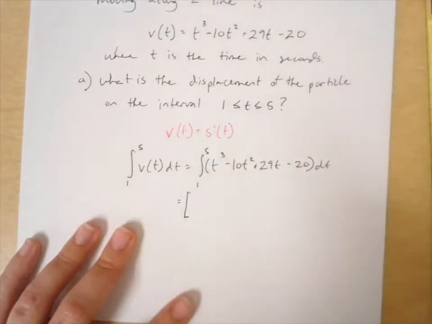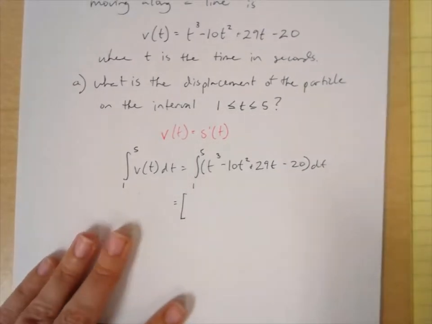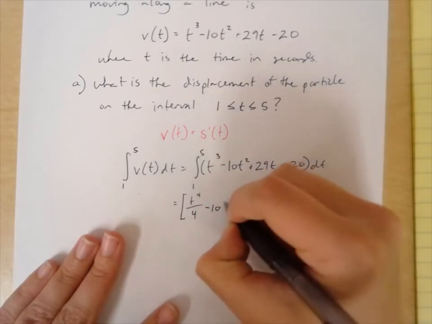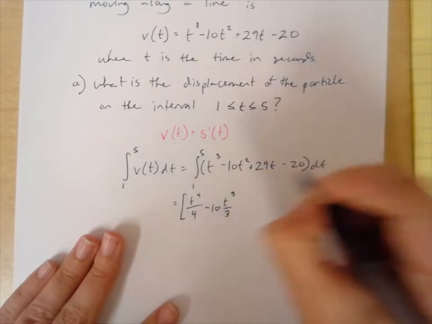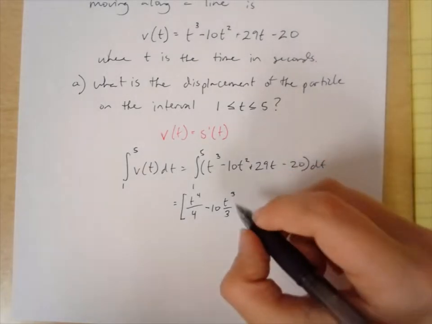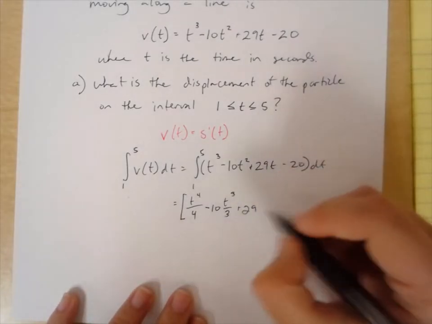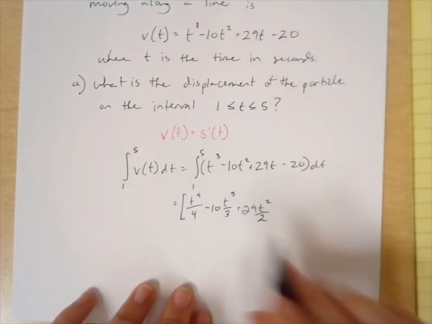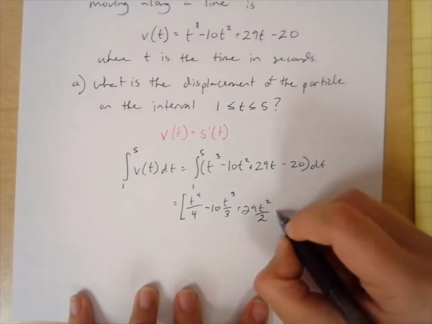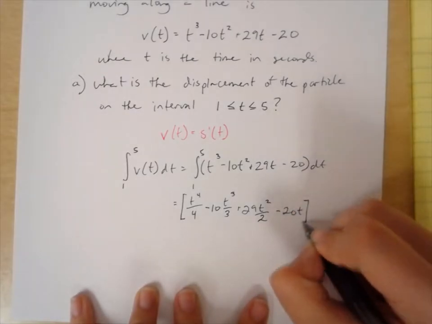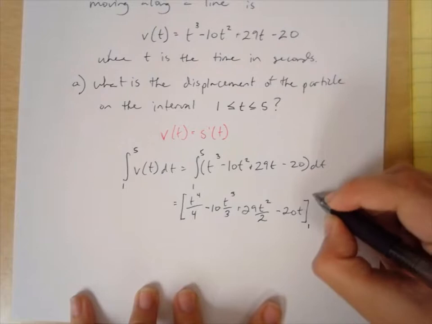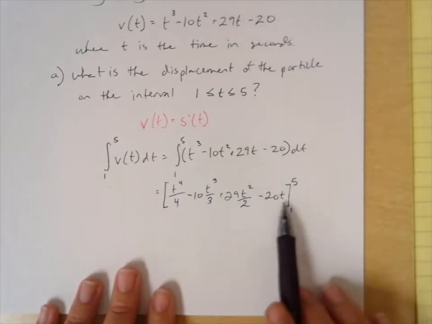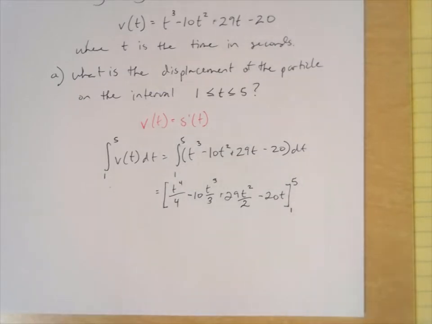And I can take the antiderivative of all of these lovely pieces, and I get t to the 4th over 4 minus 10 outside t cubed over 3, plus 29 t squared over 2, and then minus 20t lastly. And again, that's on the interval from 1 to 5, so I'm interested in evaluating my antiderivative first at 5, and then minus the evaluation at 1.